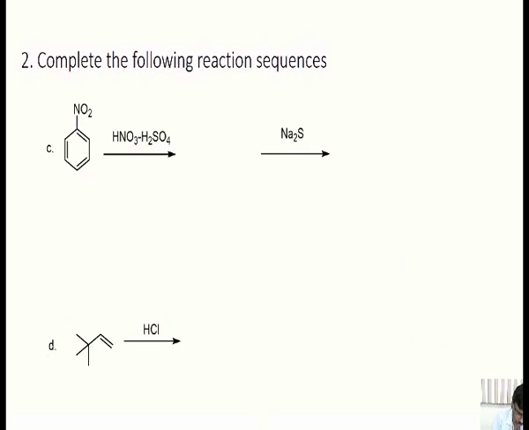Here the reaction of nitrobenzene with a mixture of nitric acid in the presence of sulfuric acid is shown, which is a nitration reaction.